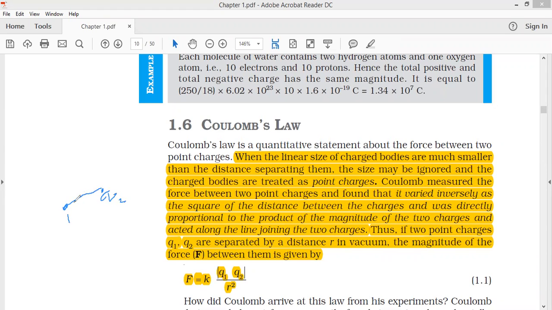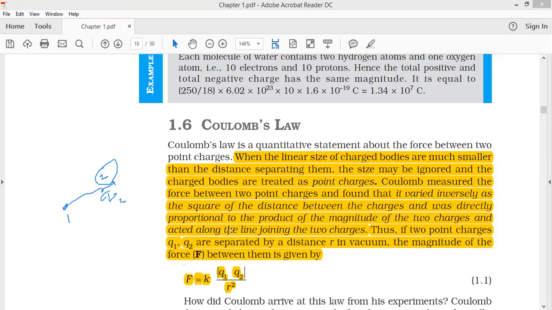The line joining them, the distance is given by point 2 minus point 1. In this line, the force will be acting in the same line. We are finding the force on Q2 due to Q1, so the force will also be acting in the same direction.